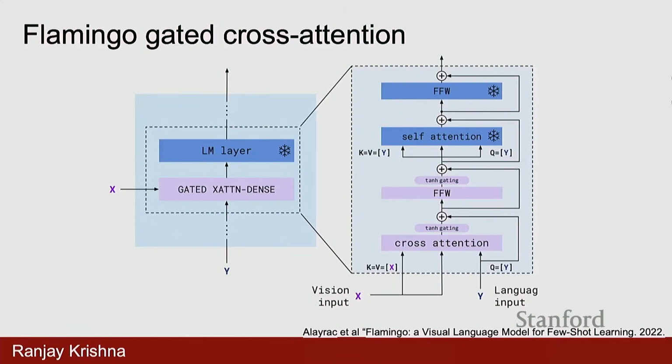So every single LLM layer, right before the LLM layer, you have this cross-attention component. And its purpose is to look at the image features and then decide what parts of the image features it wants to keep around and what it thinks to be useful for the language model to know about. And they designed it as a set of components that you've already seen so far. So you attend over the image features using a cross-attention layer. And then following that cross-attention, they added this tanh nonlinear activation.